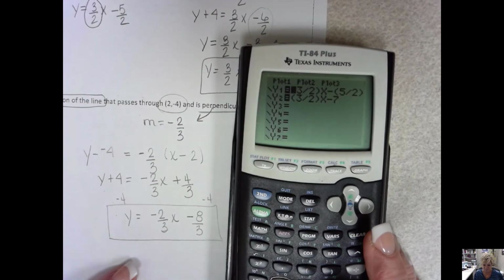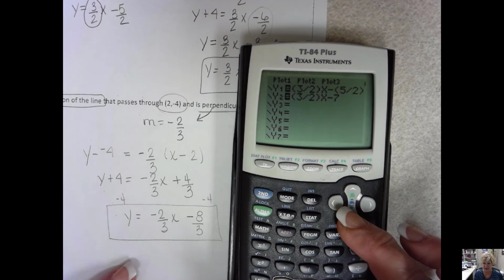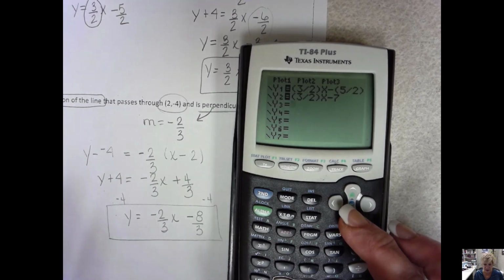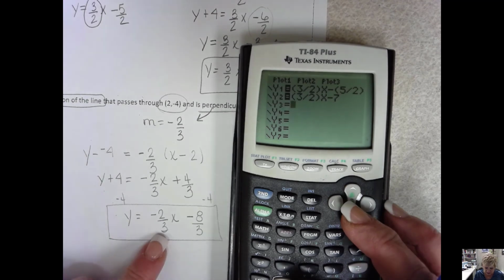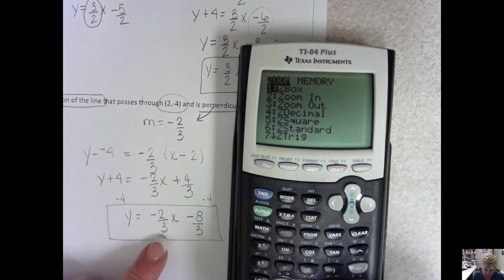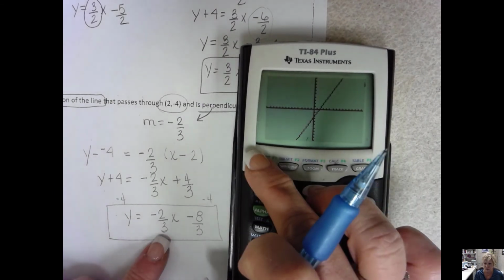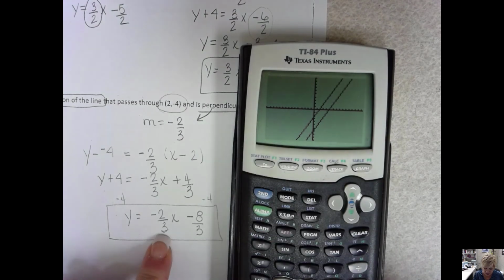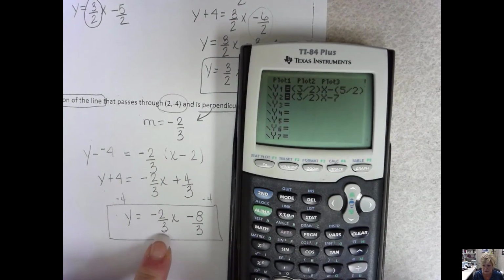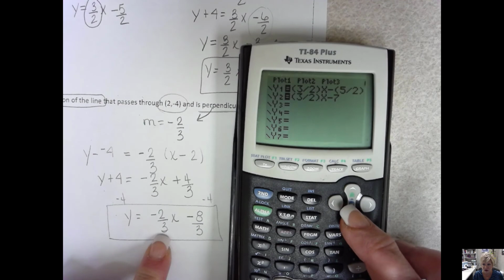Let's go look and see. Let's plug it in. Graph it with our other 2 parallel lines and see if it looks perpendicular. I think I have a square window. It shows better in these square windows. So let's put in our new equation of our perpendicular line.